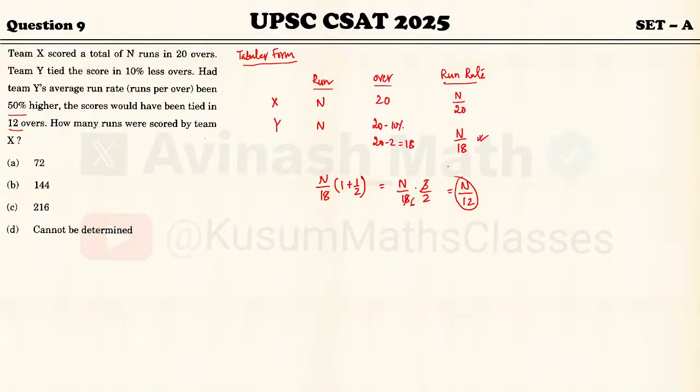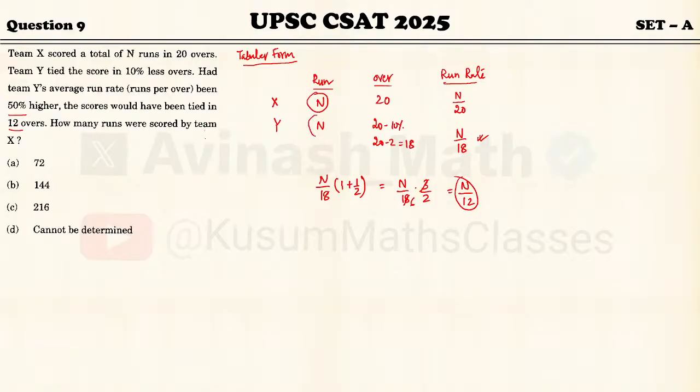It is clearly seen that n runs which X has scored in 20 overs, Y would be scoring in 12 overs once its run rate is 50% higher, as per the condition given in the question. Then how many runs were scored by team X?